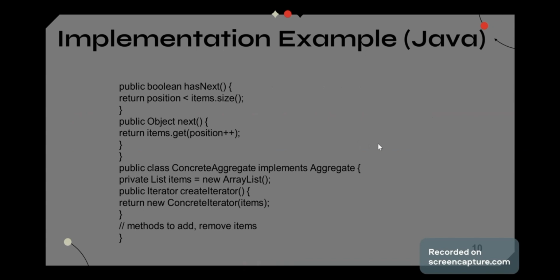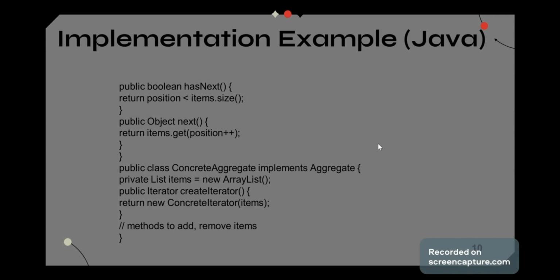In the next method of the concrete iterator, it retrieves the item at the current position from the items list using the get function, and then moves the position to the next item, right? Then we have the concrete aggregate class, which implements the aggregate interface. It contains a list of items to store the collection elements. The createIterator method creates and returns the concrete iterator initialized with the list of items for iterating over, right?